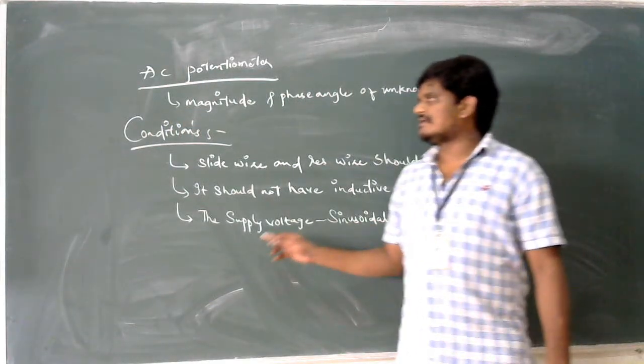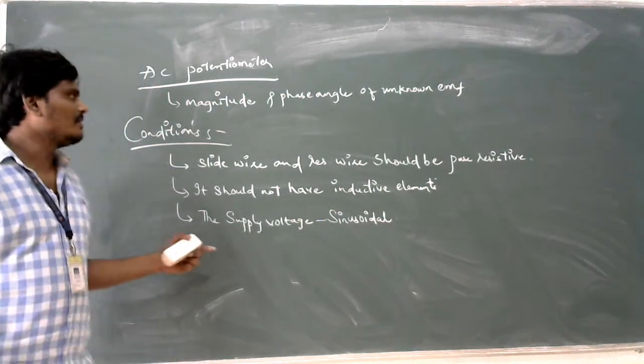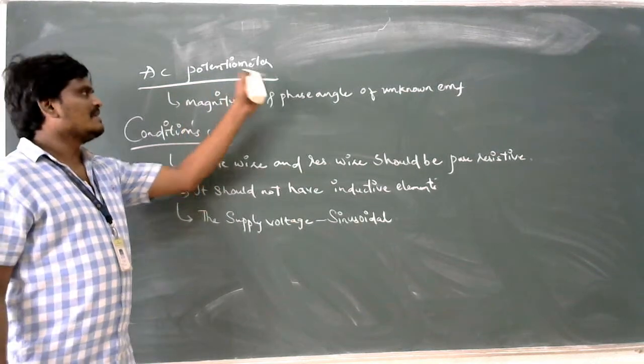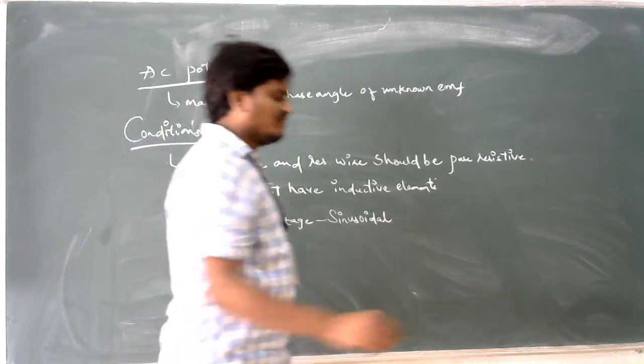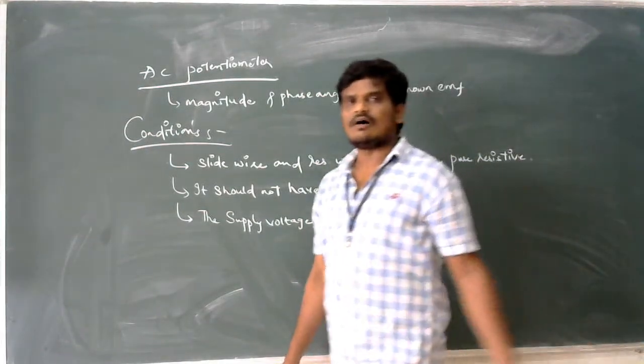These are the three major conditions you need to satisfy for smooth operation of the AC potentiometer in measuring the magnitude as well as the phase angle of the unknown EMF.